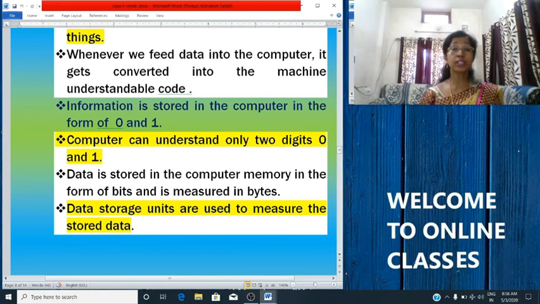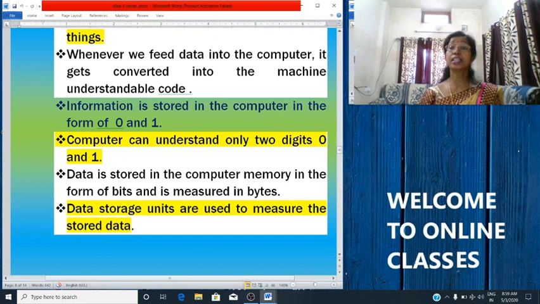Information is stored in the computer in the form of 0 and 1. Bit is the smallest unit of data. What is the full form of bit? It stands for binary digit. The binary digits 0 and 1 are called bits.